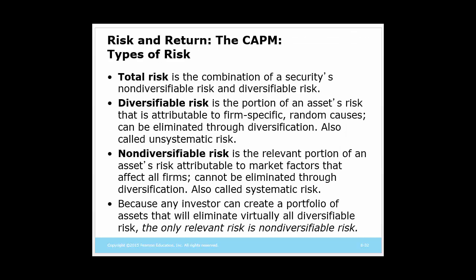So let's start walking our way through a little bit more of an analysis or an understanding of what risk is. Total risk is that entire combination. Obviously, it's the standalone risk of an asset, and it is measured by standard deviation. Now, total risk has two parts.